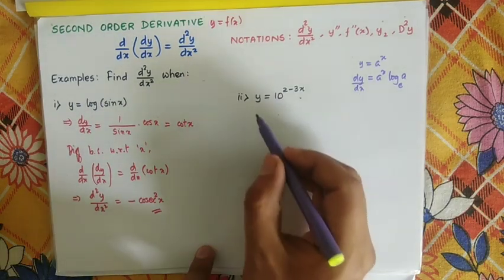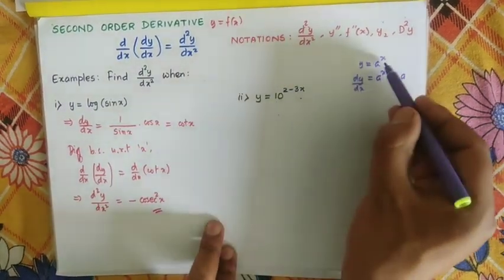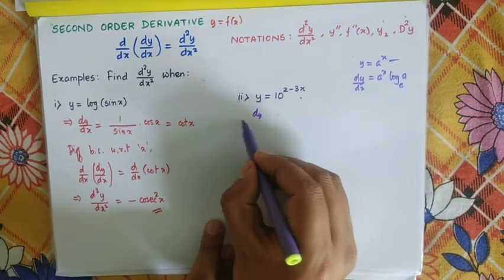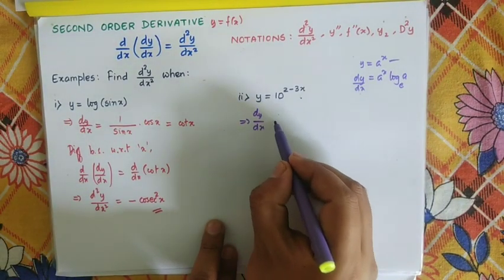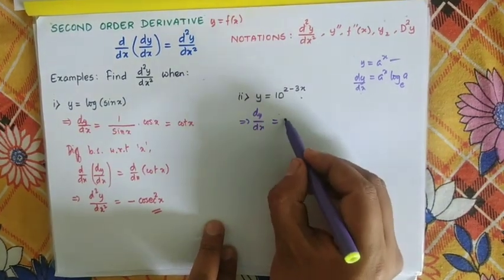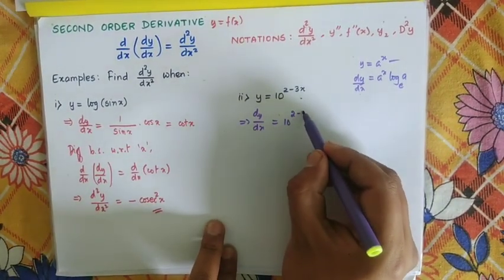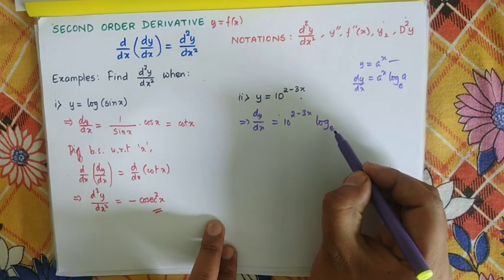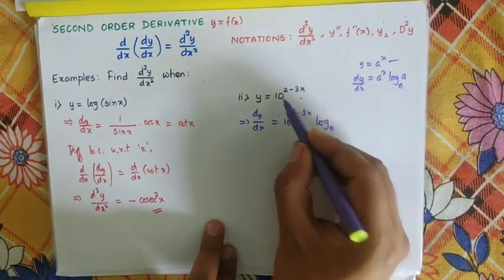Okay, now since this function is given in this format, that's why the derivative of this will be equal to a to the power x, so a to the power x, that is 2 minus 3x. So log with base e of the number a, which is 10 here.